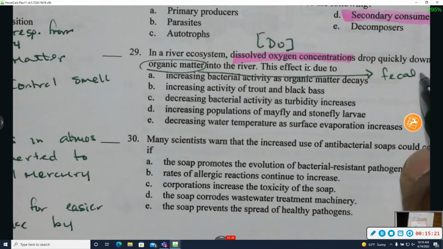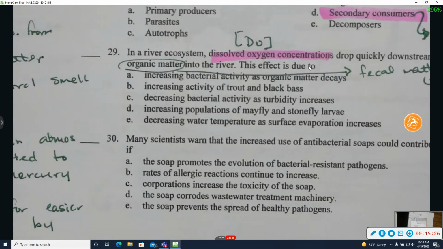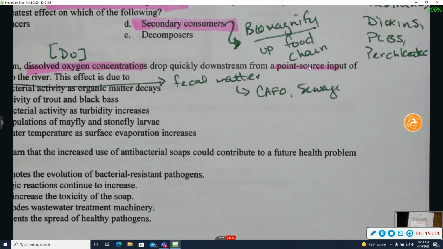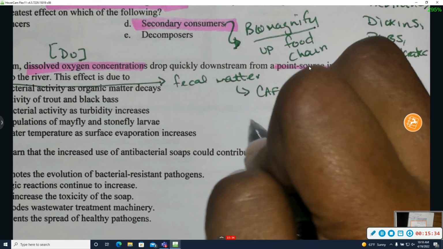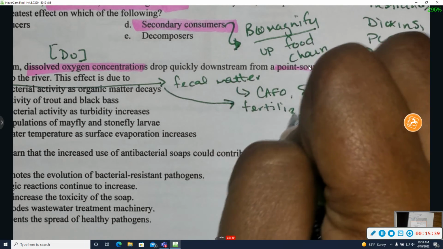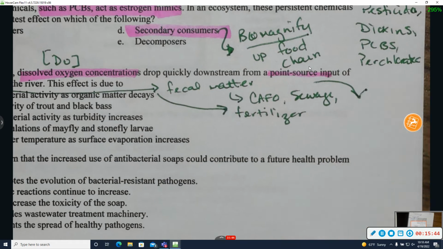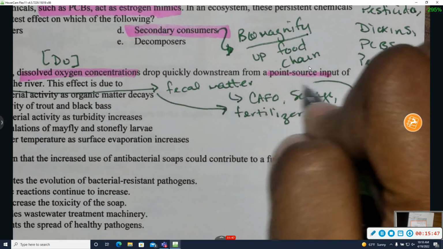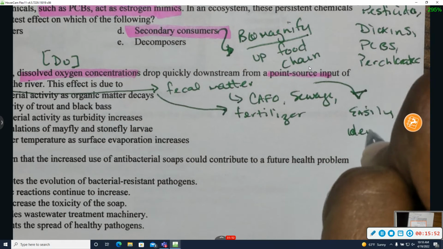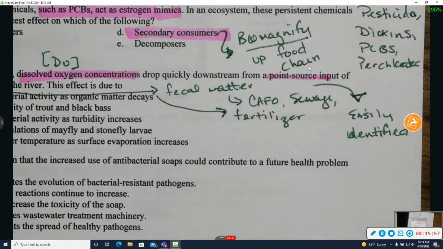Could be fecal matter, poo, right, due to a CAFO that's nearby, sewage, or it could be fertilizer due to an agricultural business nearby. Remember what a point source is? Point, you can point to it, so it's easily identified. So you can point to that CAFO, you can point to that sewage drain.